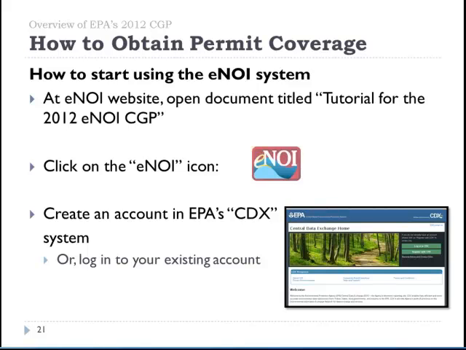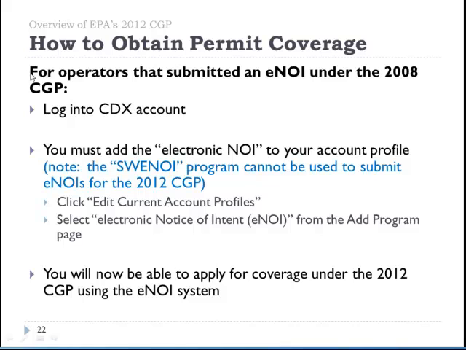If you've already done this for previous projects, you'll just be logging into your existing account. Now here's where it gets a little bit tricky, in that the process differs just a little bit between whether you've already created an account or not. For operators that have already submitted an ENOI under the 2008 CGP, you'll log on to your existing account, and then you'll no longer be able to use the SWENOI or Stormwater ENOI program, as that's been disabled.